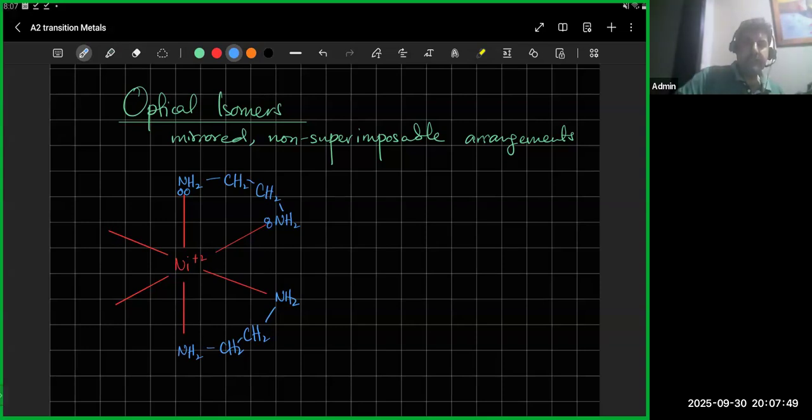You can remember optical isomers. Remember chiral centers in AS. That's an NH2, NH2, and then there are two CH2s. And then there are lone pairs.